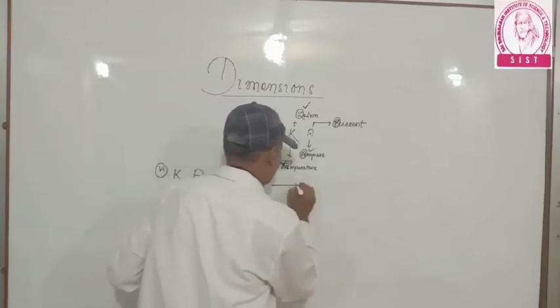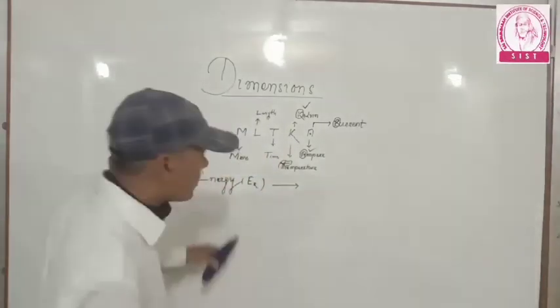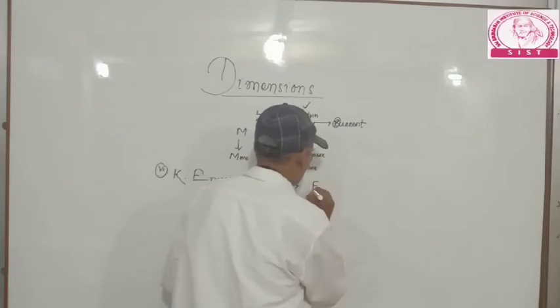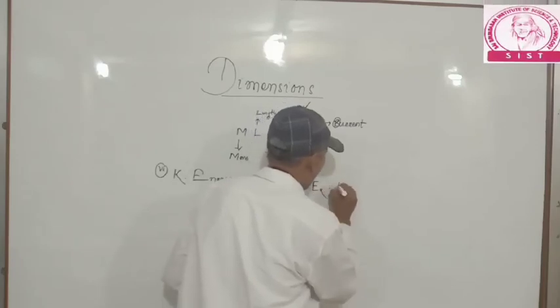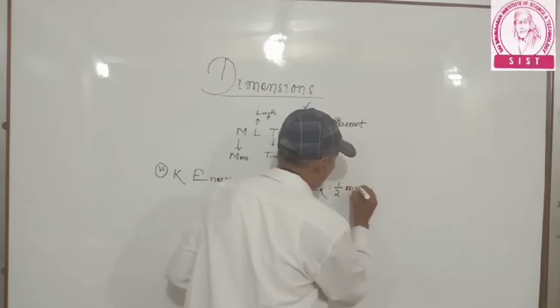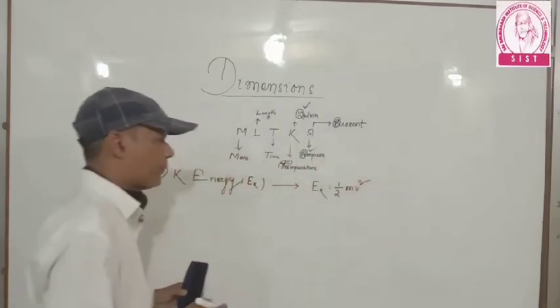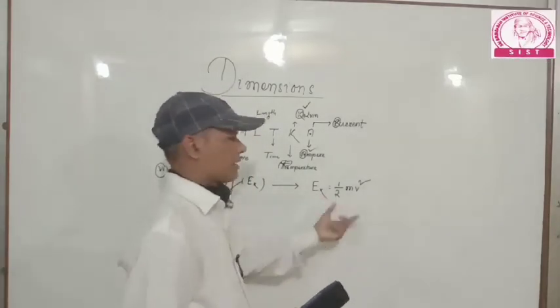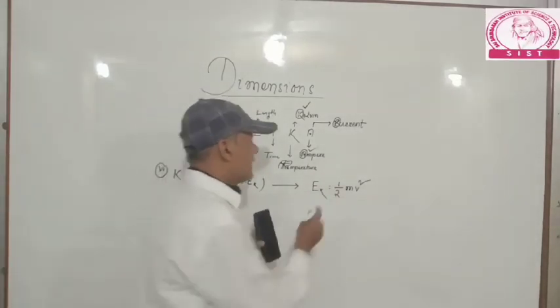It is a derived quantity, so it holds a certain equation. What is that? Ek is equal to half m v square. So now it is written half m v square. But remember, here is a constant.